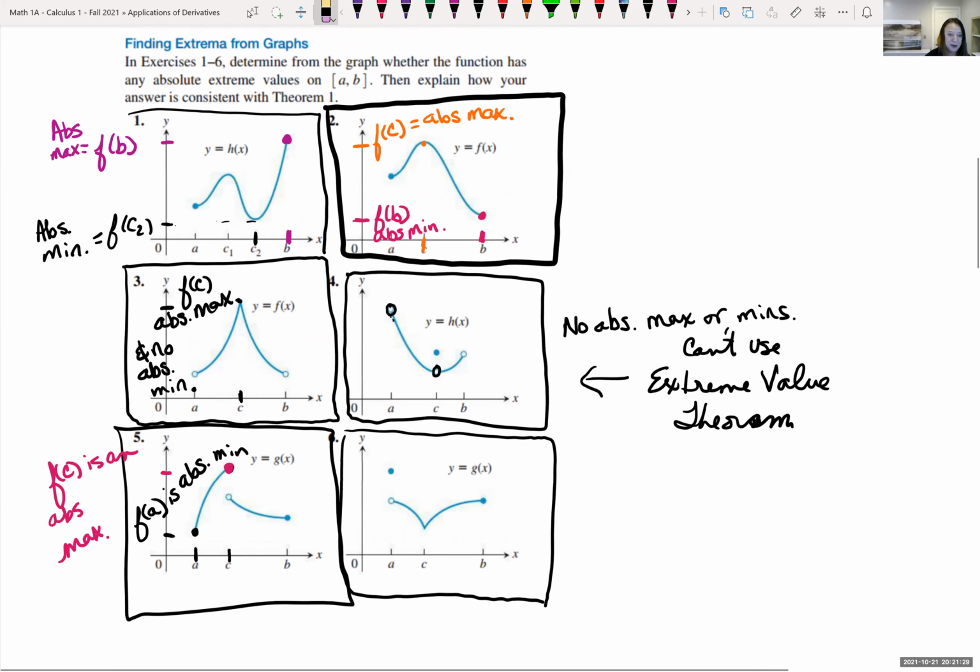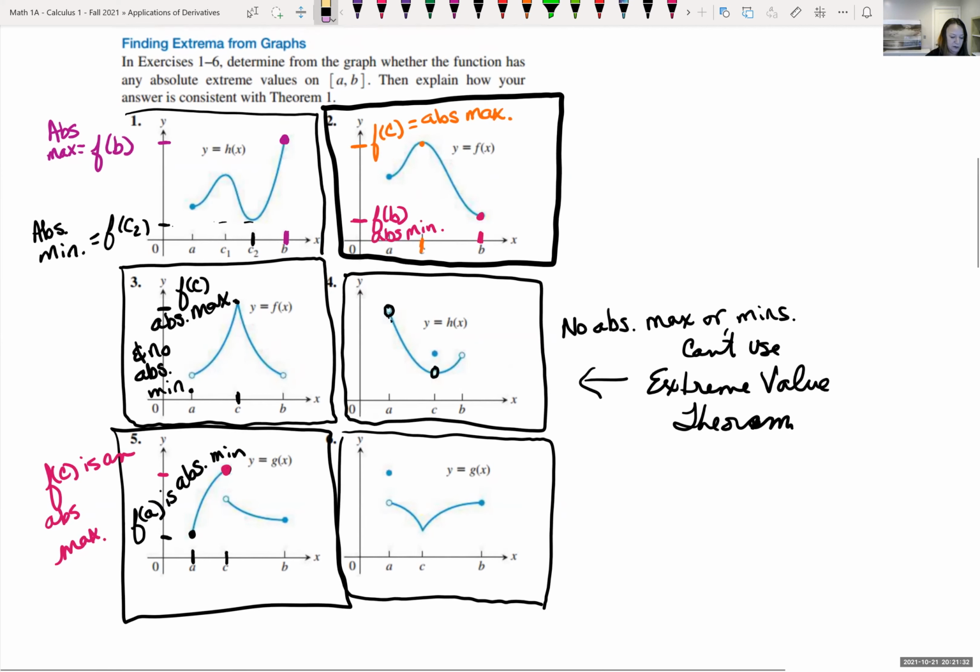Well, let's go back to the definition and look really quickly.